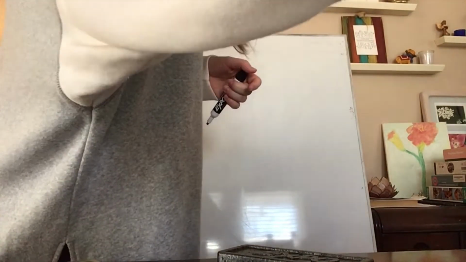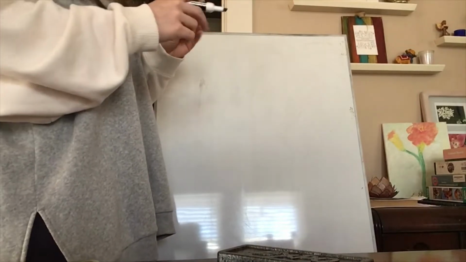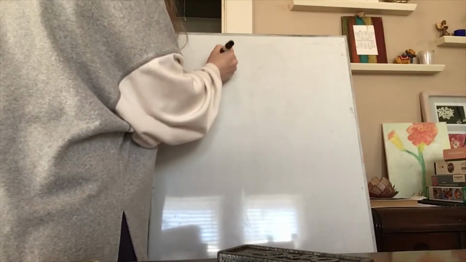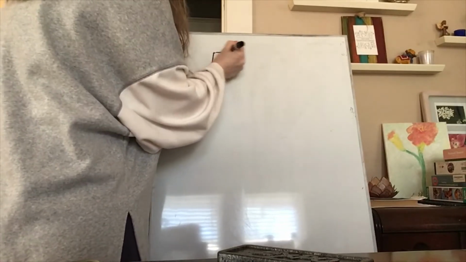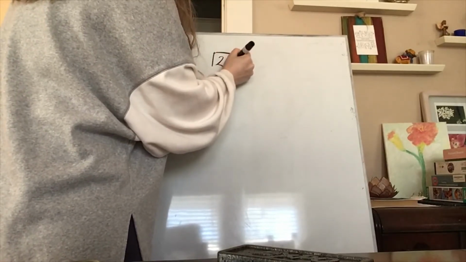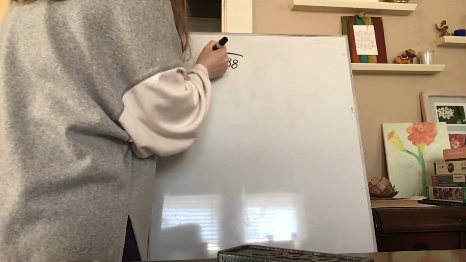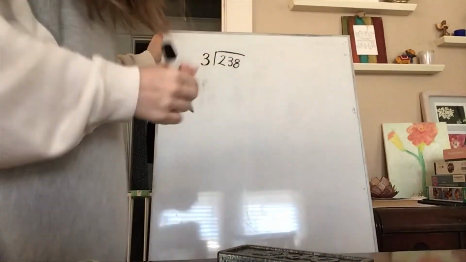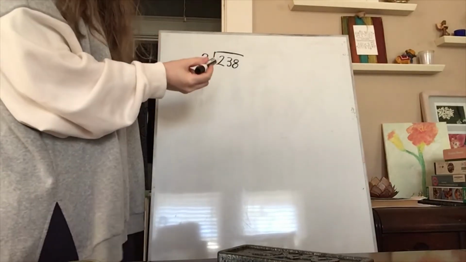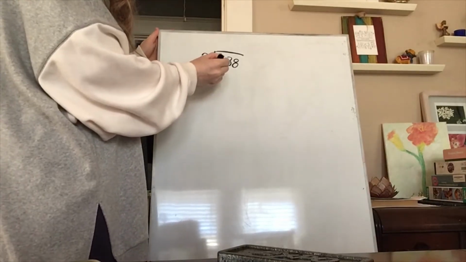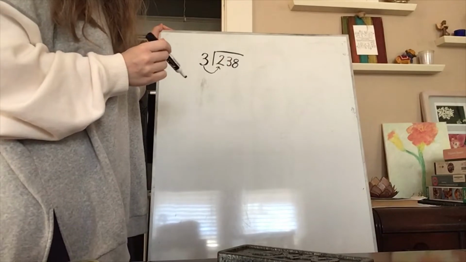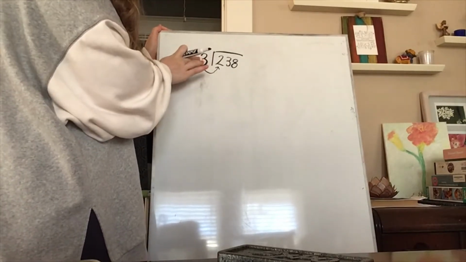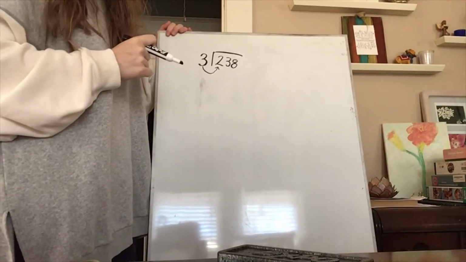Now, we talked about that with when it's like the very first step. Like if we have 238 divided by 3. We know the first step is to see how many times the divisor goes into the first digit of the dividend. Well, in this case, class, can 3 go into 2?